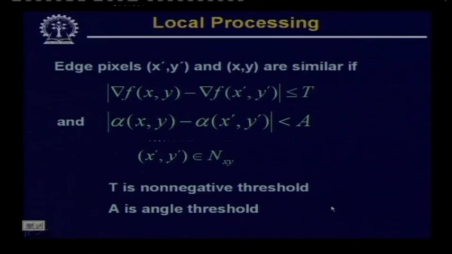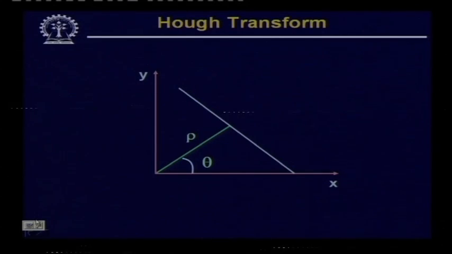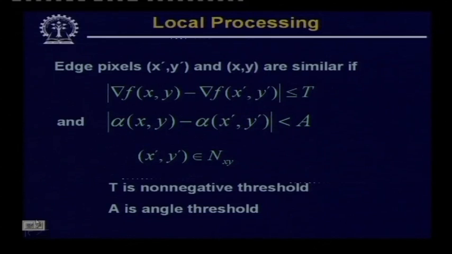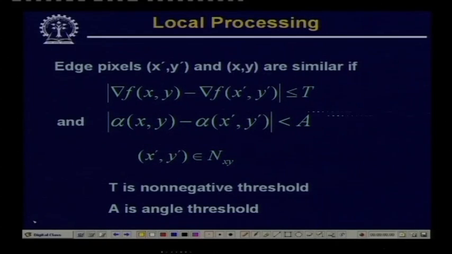For this, we take an edge point x y and find a point x dash y dash in the neighborhood of x y, and we find the difference of edge strength.